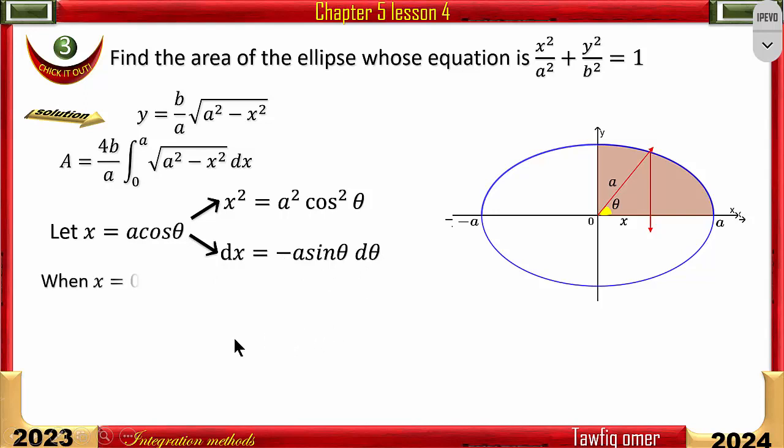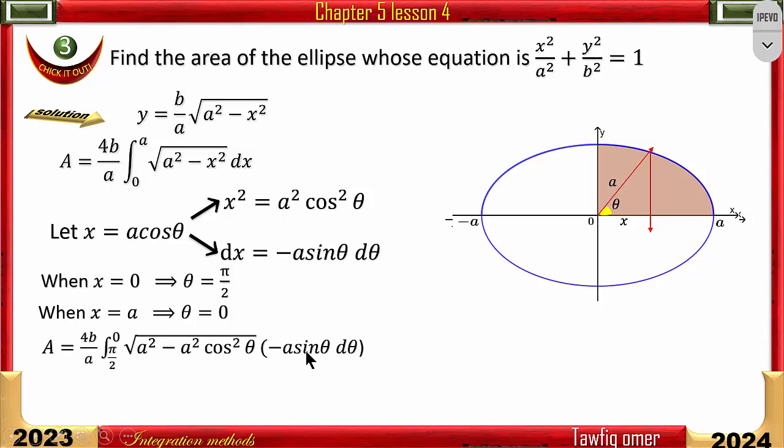And now when x is 0, the theta is pi over 2, and when x is a, the theta is 0. And now substituting all this information into the integration of area.